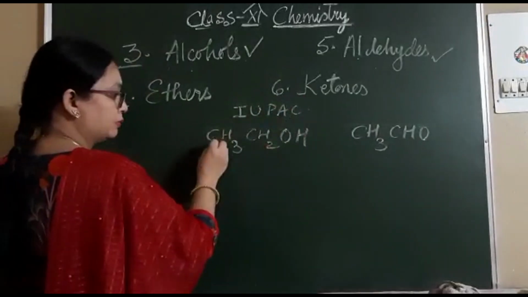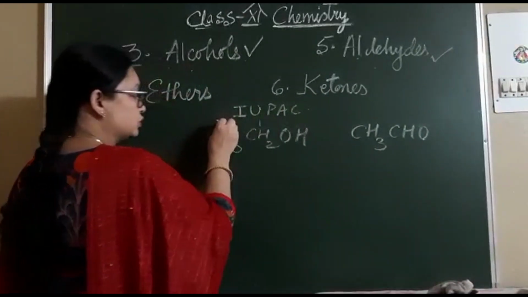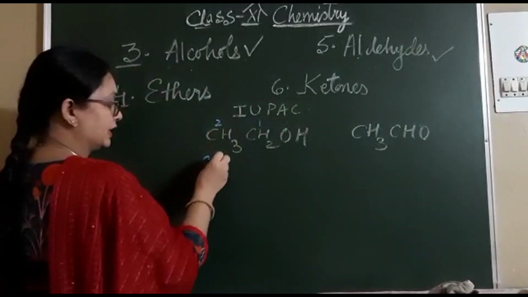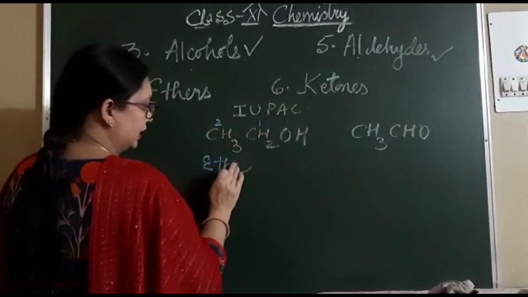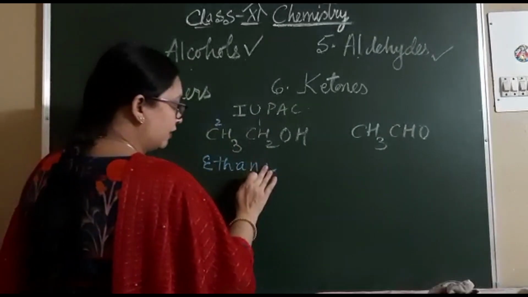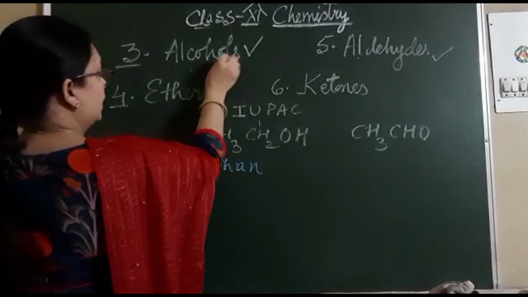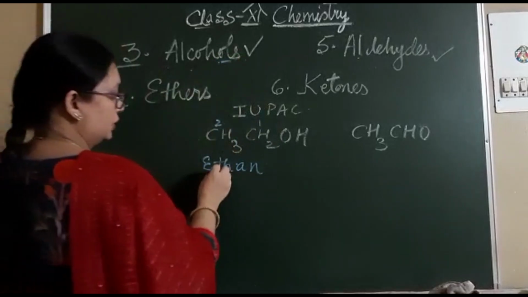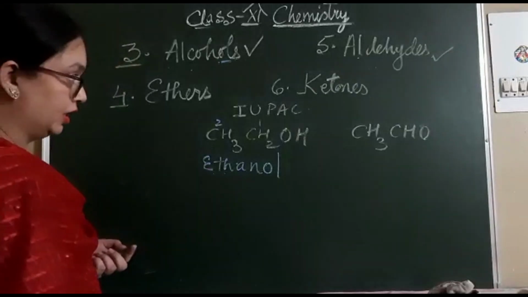Now it is a 2 carbon atom compound, so for the IUPAC name we use the parent as the 2 carbon atom alkane, that means ethane. Then I have to remove this E, and in the name of alcohol OL is there. So the name will become ethanol.